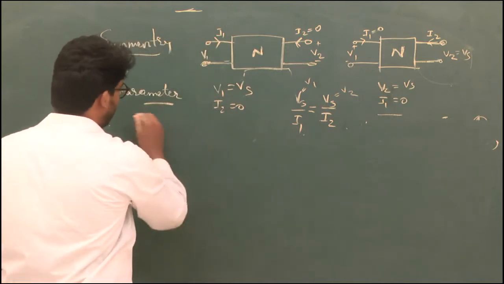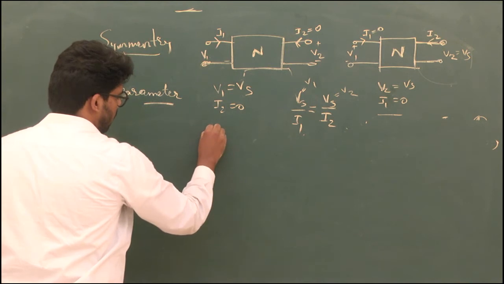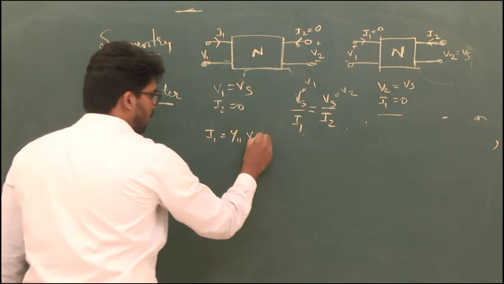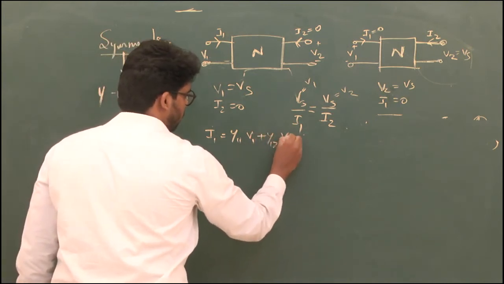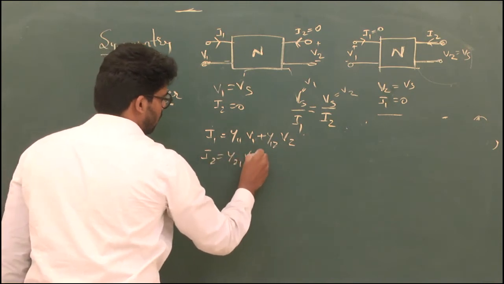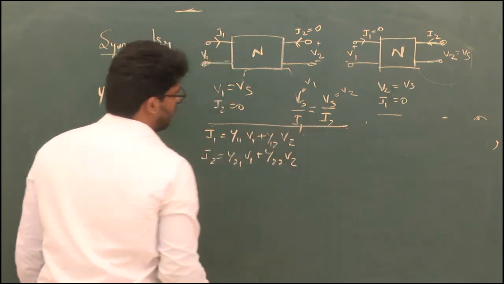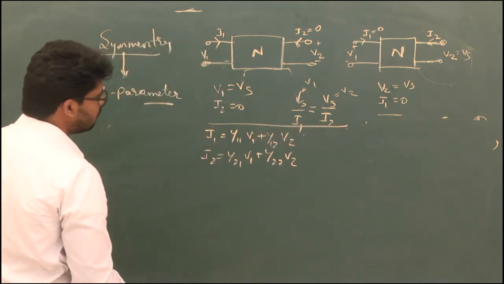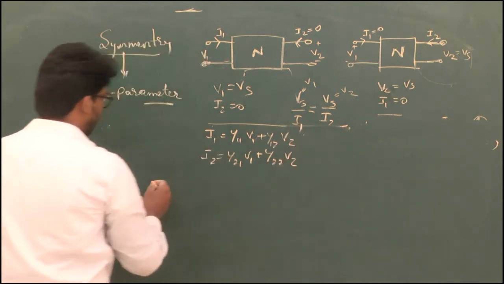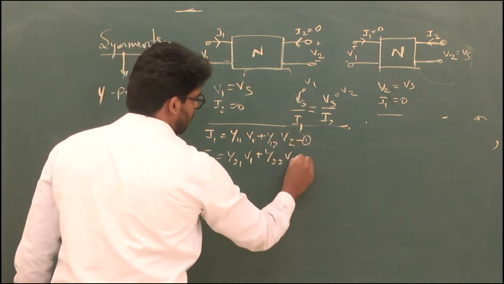Now the Y parameters in general: by default you have I1 equal to Y11 V1 plus Y12 V2 and I2 equal to Y21 V1 plus Y22 V2. This is equation 1 and this is equation 2.